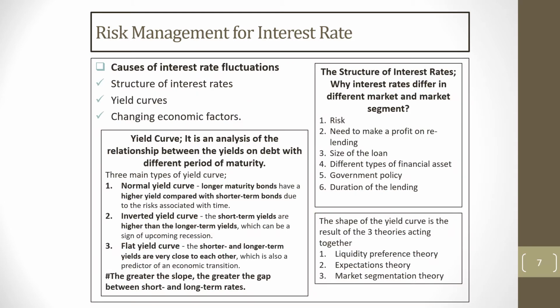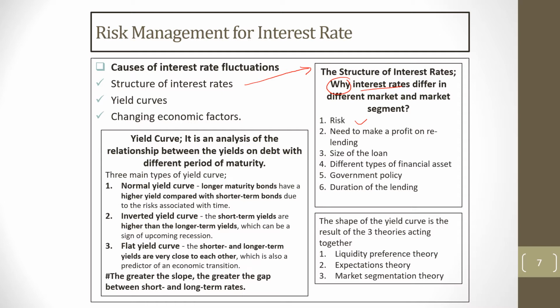Okay, next we go through the causes of the interest rate fluctuations. Okay, kenapa interest rate fluctuations disebabkan oleh the structure of the interest rate. Okay, so the structure of interest rate, kenapa interest rate differ daripada different market and market segment. Okay, dia disebabkan oleh risk yang terpaksa ditanggung oleh the company itself yang menyebabkan the interest rates is different with the market segment.